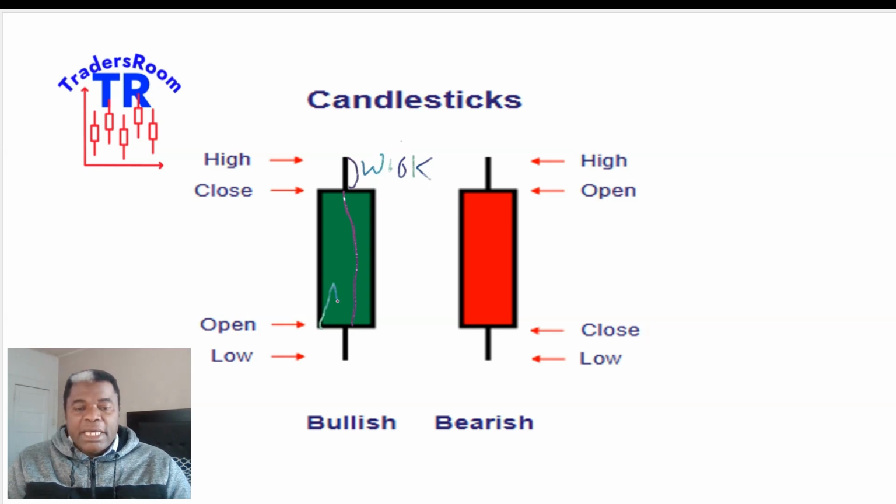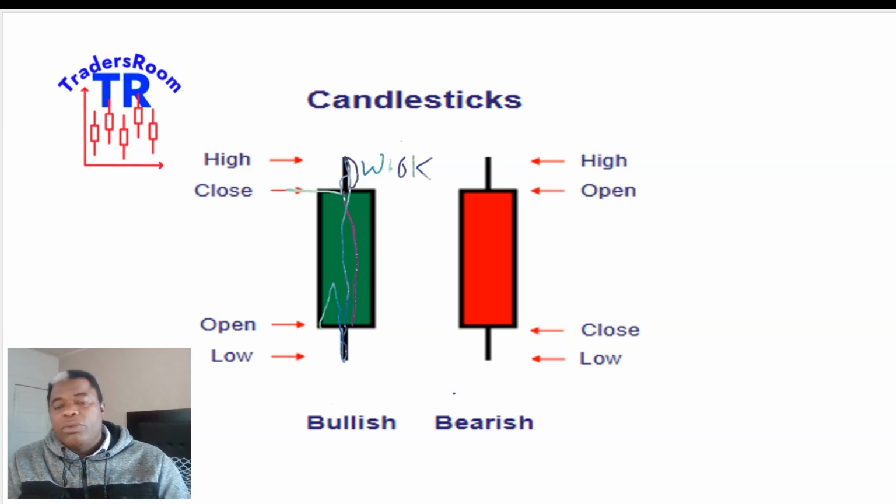Later, the seller came and pushed it down to this area. Then the buyer said, no, we are not going to accept this, and kept pushing until they got to the opening, and kept pushing until they got to the high. But before the day closed, the seller came again and pushed a little, and the market closed here. So that is the formation, the psychology of this candle.